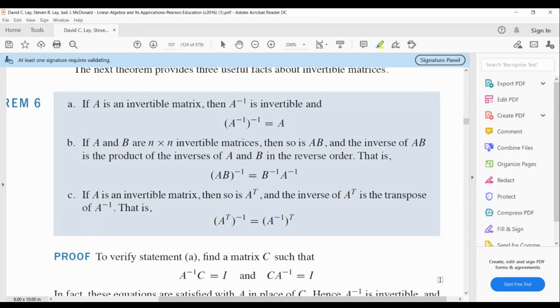So in practical work, for large matrices, we don't normally compute the inverse directly, but nevertheless, the theory behind computing the inverse is going to be very important. And of course, we can get inverses by hand for small matrices, 2 by 2s, 3 by 3s, that sort of thing.